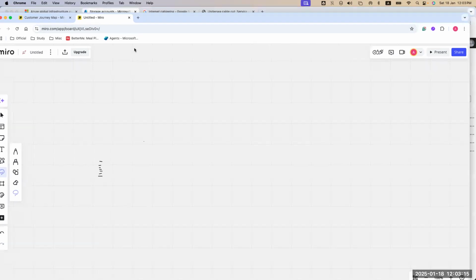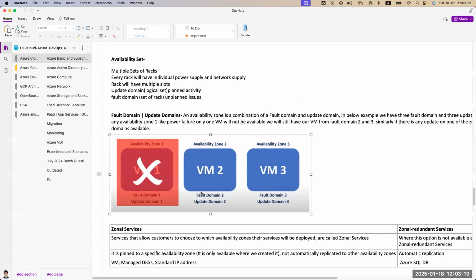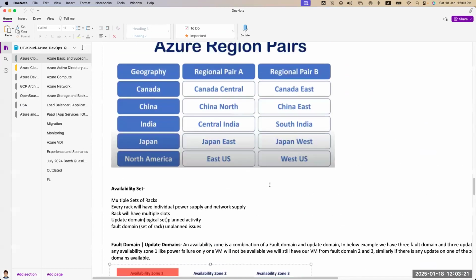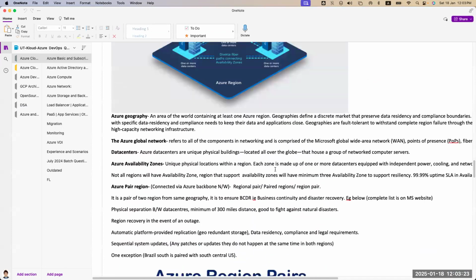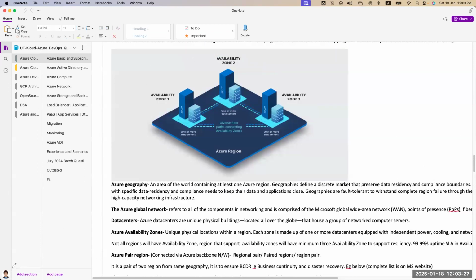So what will they do? Let me open this OneNote again. This is your availability zone, guys. In availability zone, what do we have? We have three different data centers. In three different data centers, what will happen? If you start installing servers, the first server will be here.